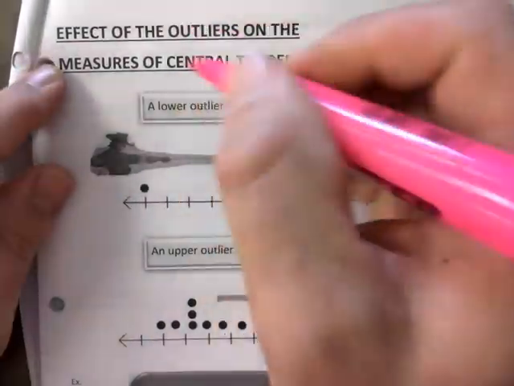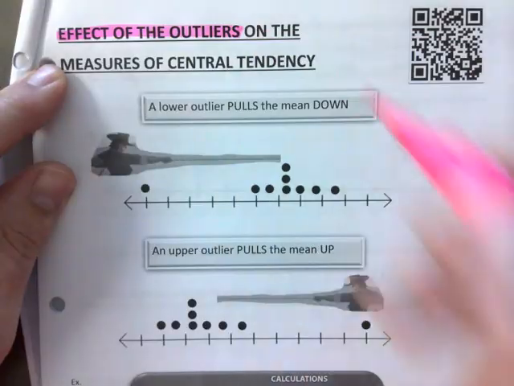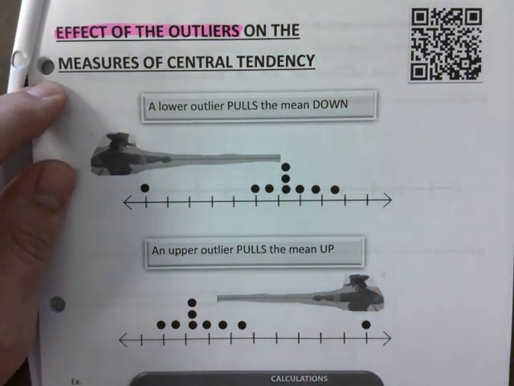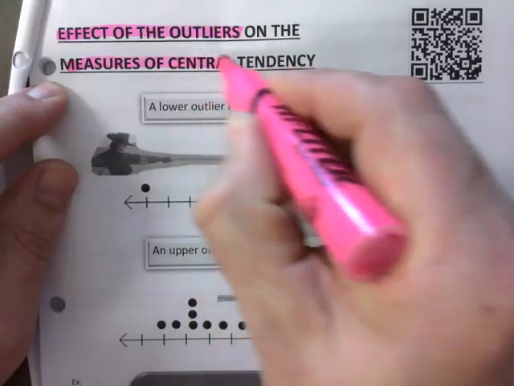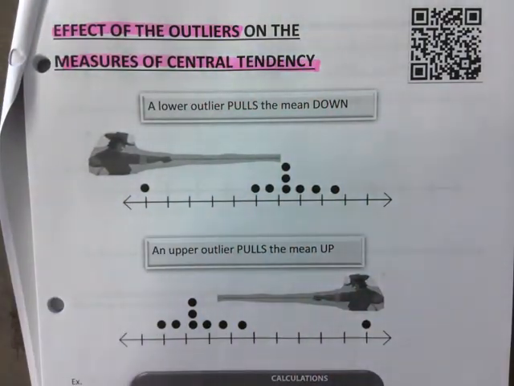But I'm just going to say, what are the effects of outliers when it comes to the measures of central tendency? Anybody remember what measures of central tendency are? What are we talking about? It means all the three M's: mean, median, and mode.